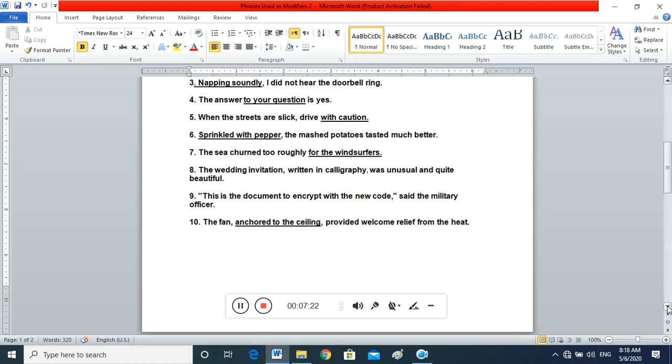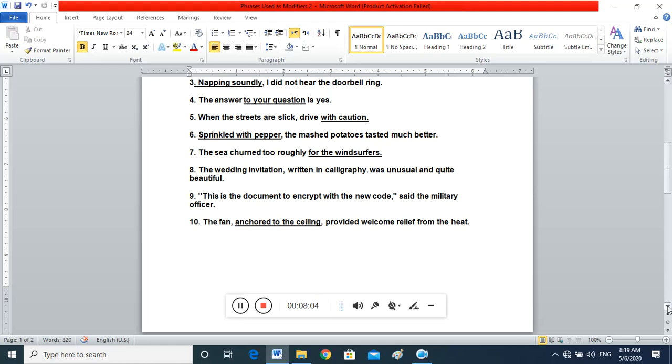Number 8. The wedding invitation written in calligraphy was unusual and quite beautiful. You have to find out if it is an adverb or an adjective. Written in calligraphy, it's a participle phrase, describes the word invitation. The word invitation is a noun.